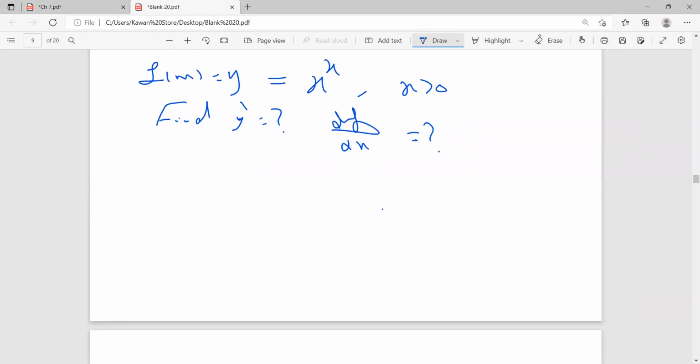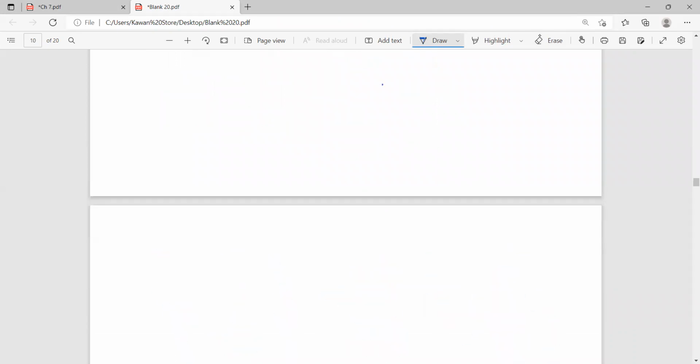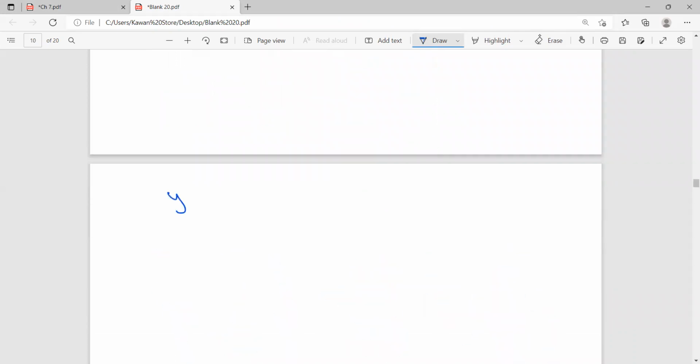How do we solve that one? I'm going to the next page to have a good place. I cannot solve it directly, so I'm going to take a ln of both sides. So I say ln of y equals ln of x to power x. When you take a ln and you have an exponent, x to the a or x to the b or x to the y, that is equal to the exponent times ln of x.